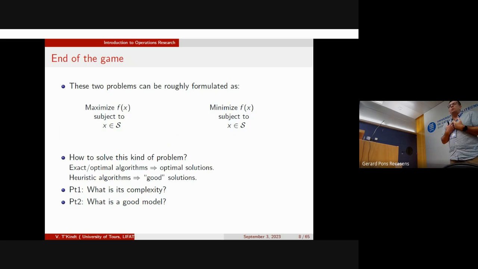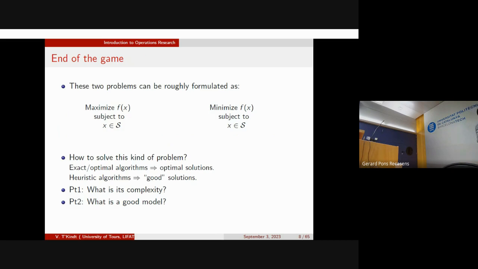I mean, the knapsack or the TSP, I just stated them naturally, but then I have to build a mathematical model of them, and I may have several options, and depending on the model that I set up, the algorithms will have different efficiencies. So the model influences the quality of the algorithms you have after that.